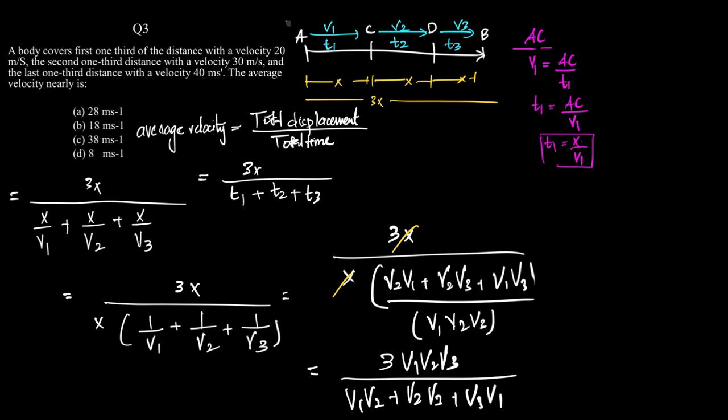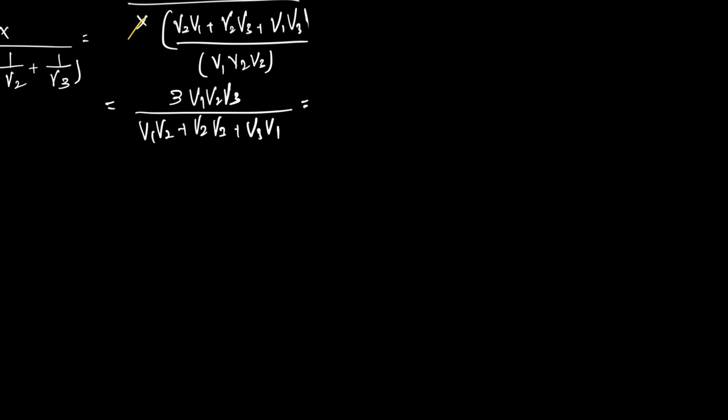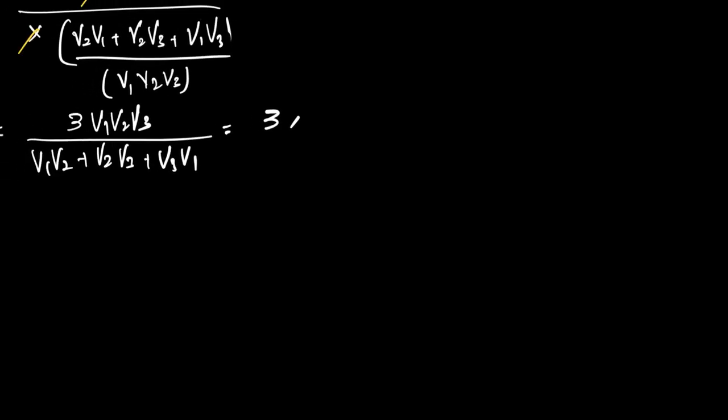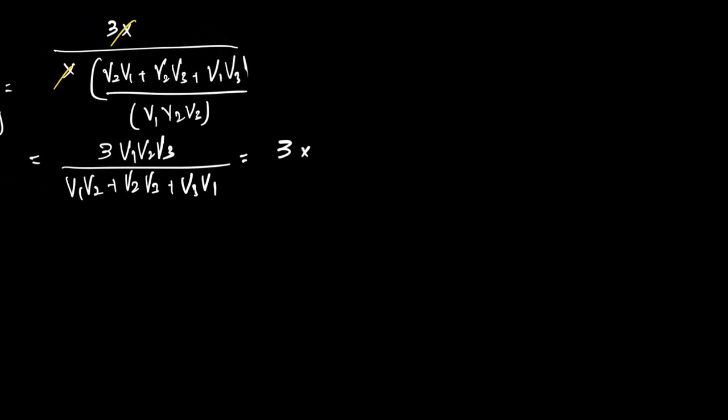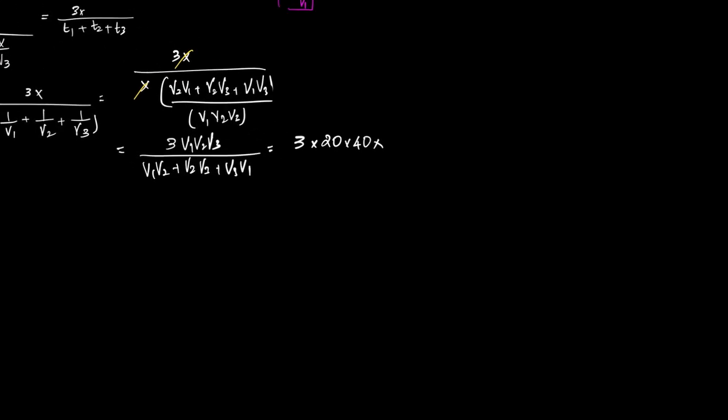Okay. So now, in this case, this can further be written as, according to the question values here, 3 times. Okay, let me just cross check the values. It's 20, 30, and 40.